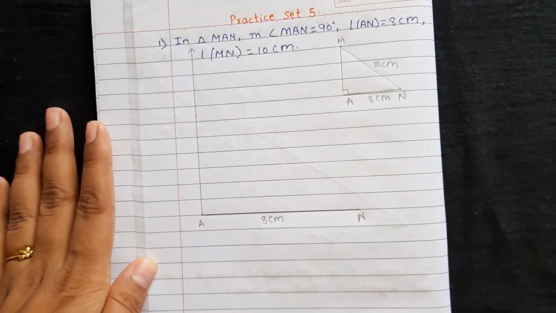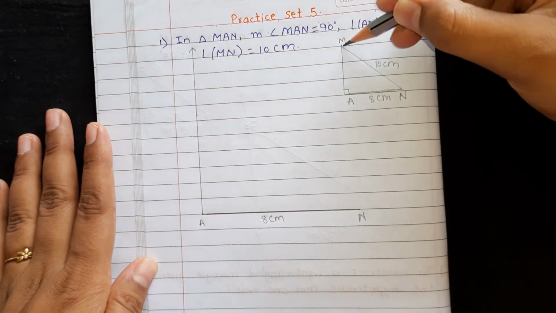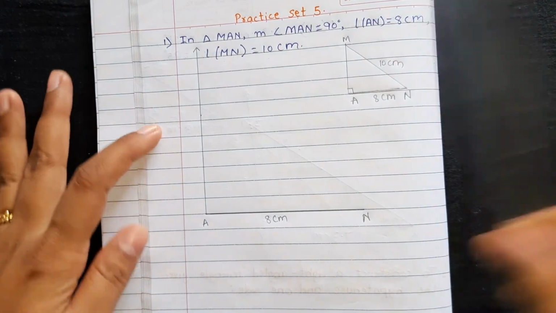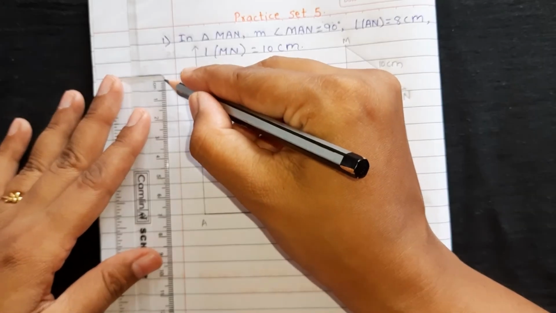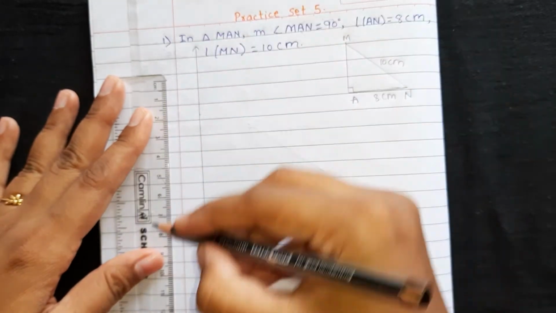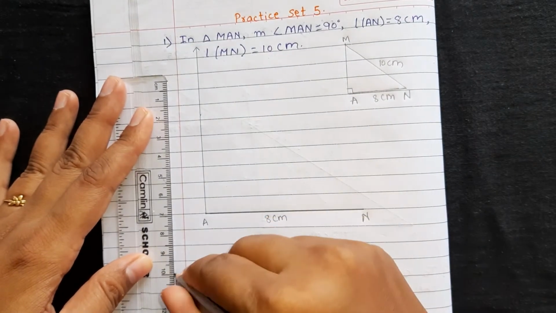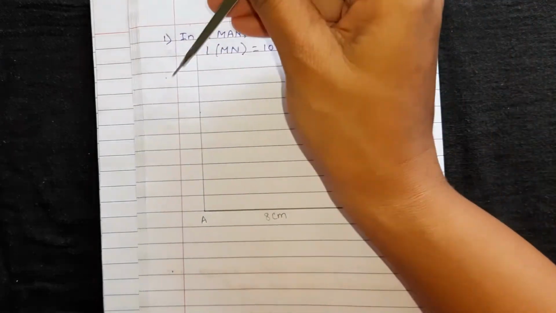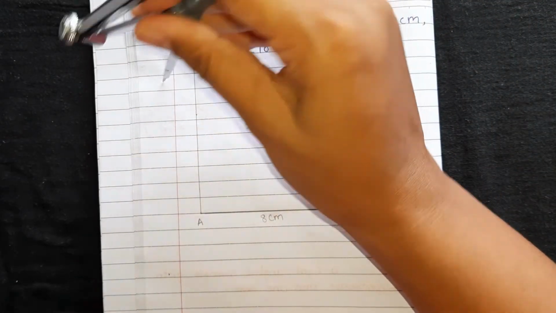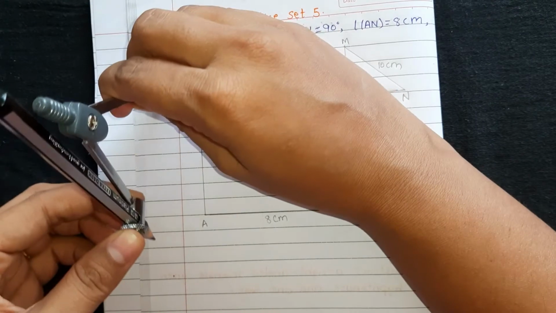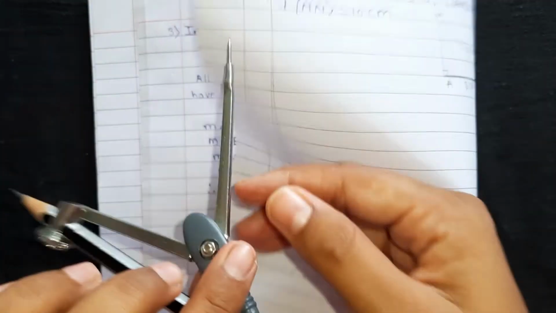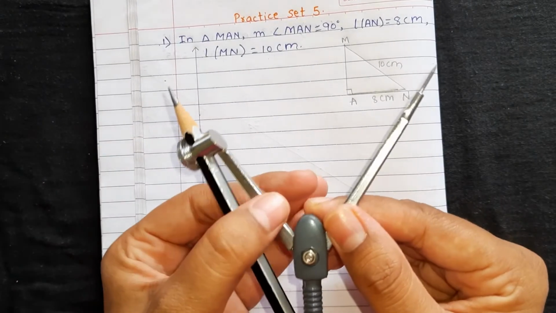Now from point N, on this ray we have to mark an arc of 10 centimeter. So first we will draw 2 dots. This is 0, this is 10. Then we will take 10 centimeter distance in our compass. It's actually very big. See, 10 centimeter is this big.